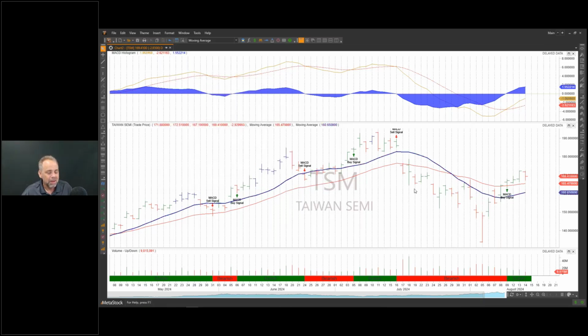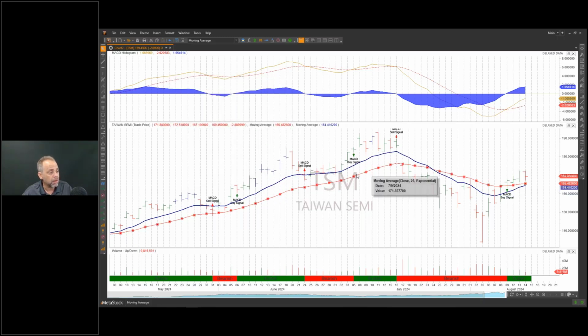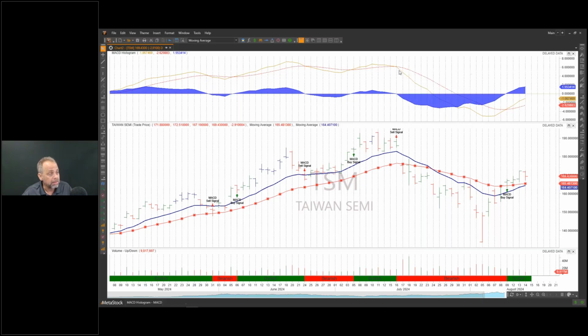All right. When you look at the MACD, you're looking at the difference between this shorter term moving average, in this case 12, which should be an exponential, so I'm going to make that correction real quick, and this longer term moving average, which is a 26 period exponential moving average. What that gives you is this MACD line right here.